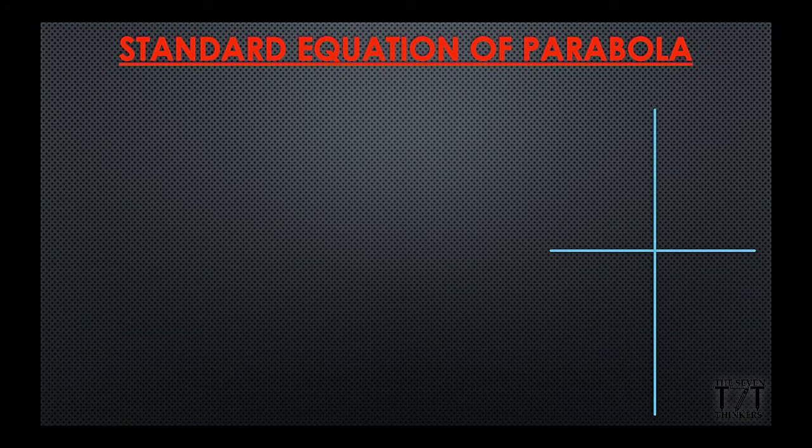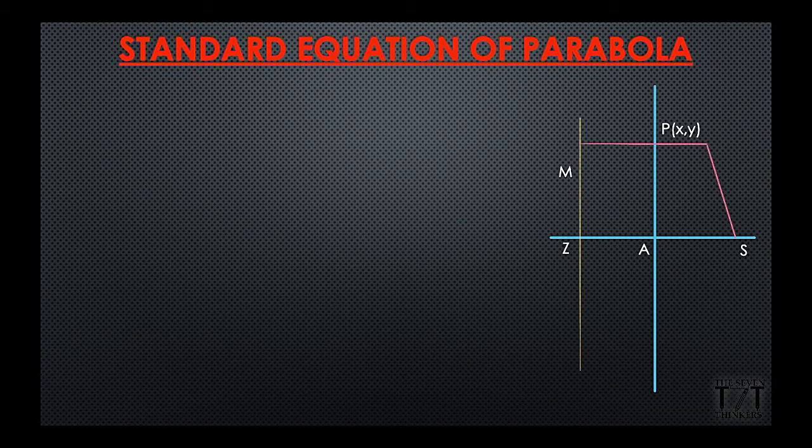Just check this out. SP is equal to PM and we get a shape like this. Now just think of one more thing. SP is equal to PM we have drawn over here. Can we name this point as also P? And similarly, SP will be equal to PM if this point is M. Yeah.